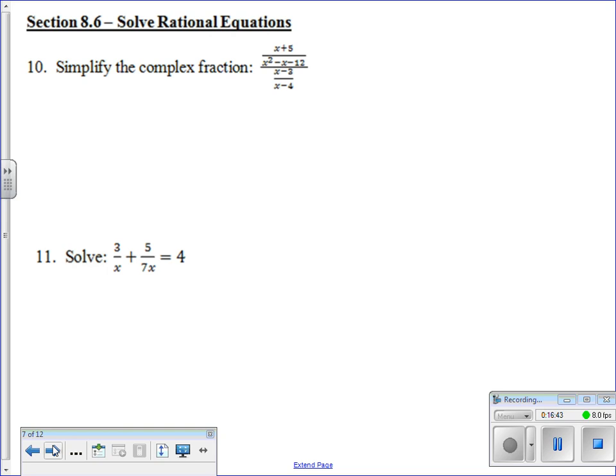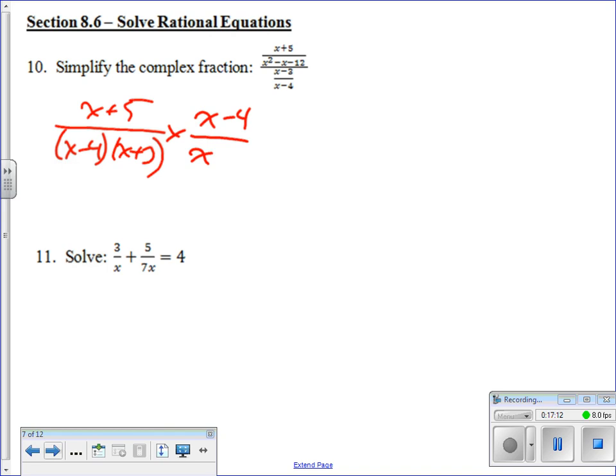Okay, simplify the complex fraction. Invert and multiply. So you need to factor. I'm going to take the top fraction, x plus 5 over the factored denominator, x minus 4, x plus 3. Take the second one and invert it, x minus 4 over x minus 3.